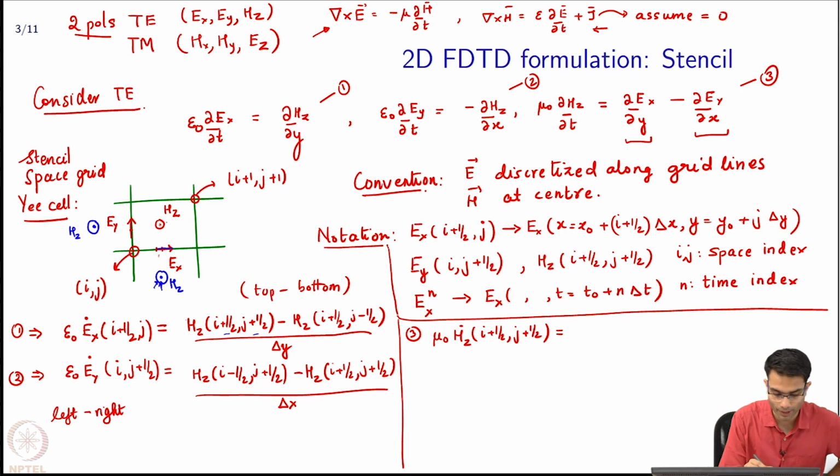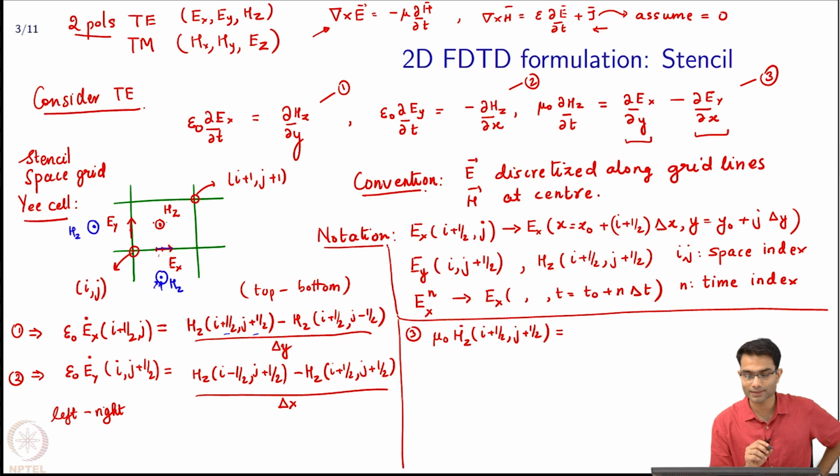Look over here, I am trying to find the approximate Hz derivative. The first term is the Ex derivative in space. So what will the first term be?